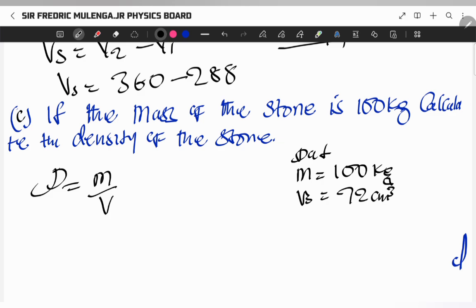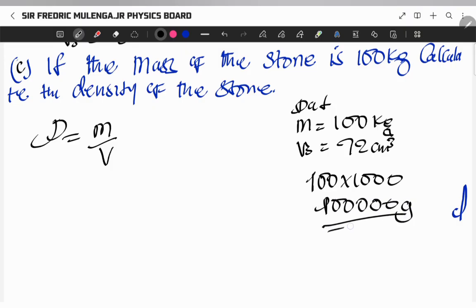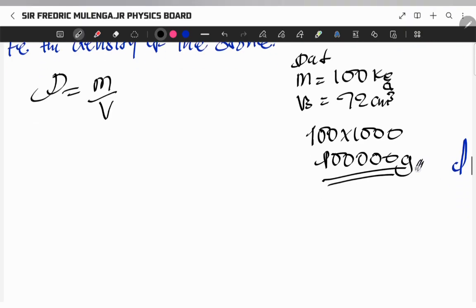So which one is easy for you? If you want, let's make this mass into grams. We know that we convert it into grams by multiplying with 1000. And this just gives us that many grams. So this is the mass in grams. So I'll use this one to solve for density.